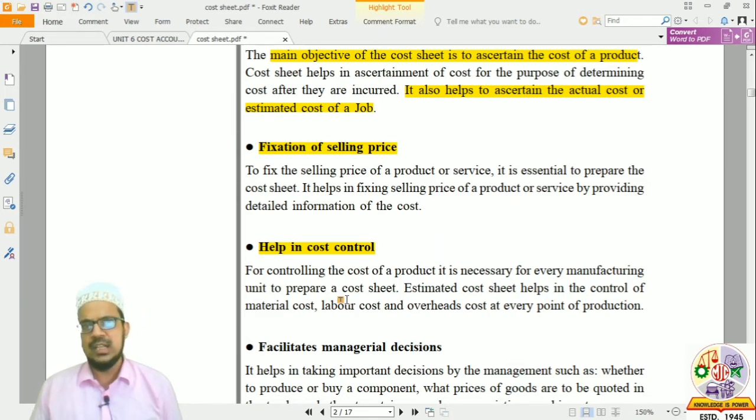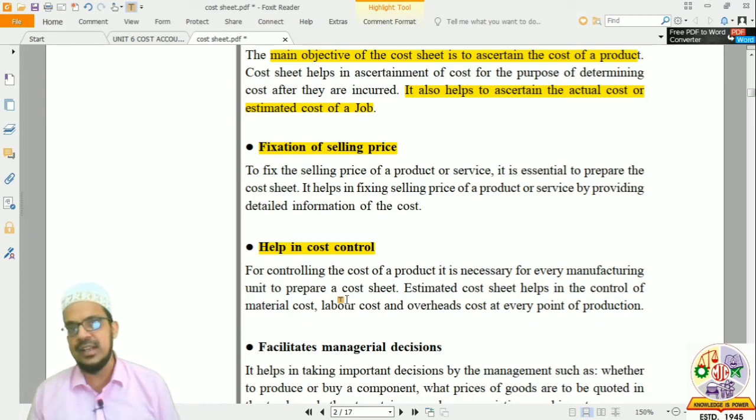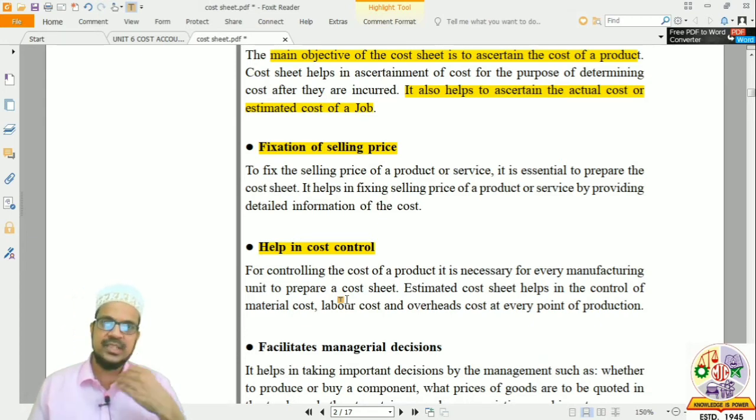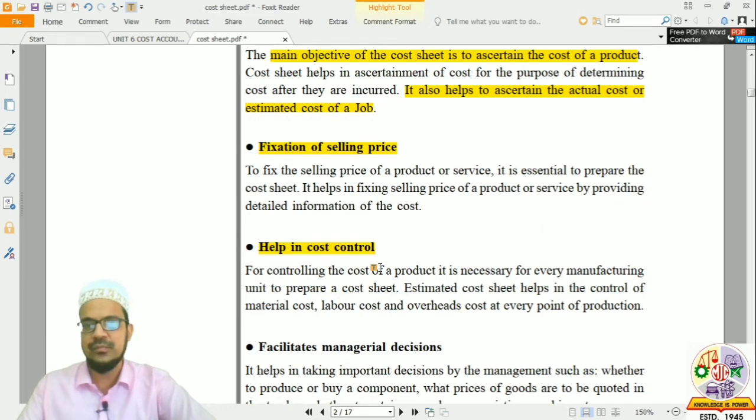Now I will compare these two costs and find out whether there are any deviations, whether the cost of some materials or labor has increased, or what steps may be taken to further reduce the cost. All this analysis is possible only when I prepare a cost sheet. So the third advantage is that it helps in controlling the cost.